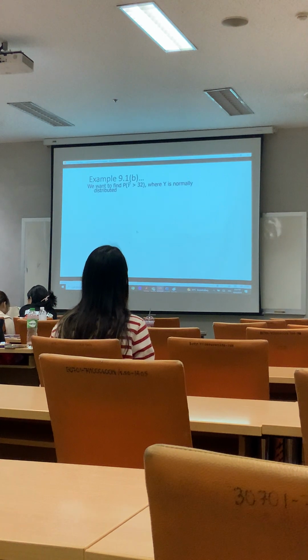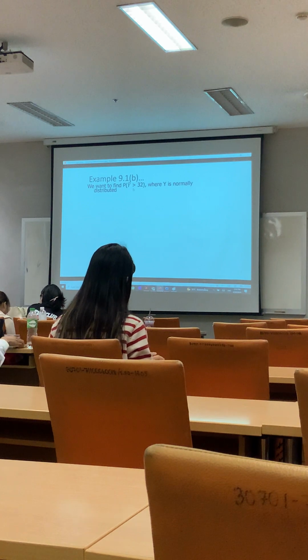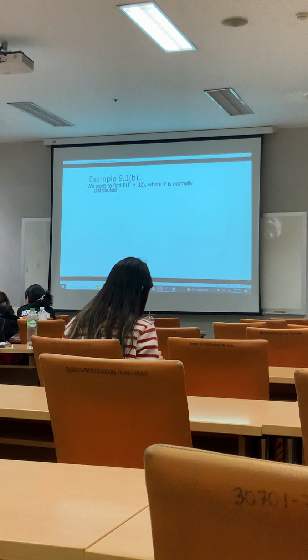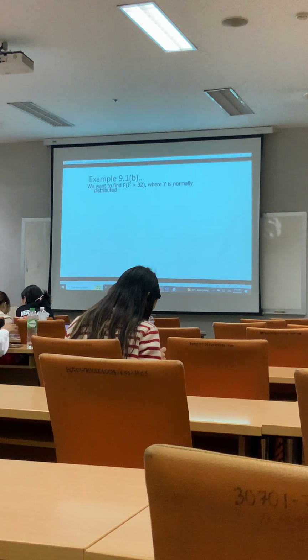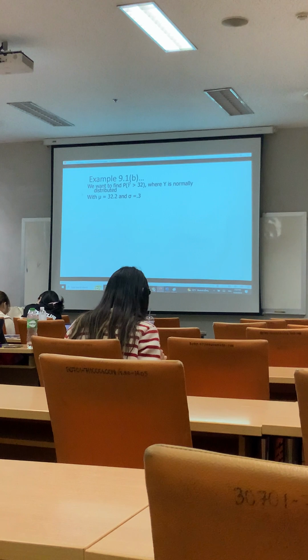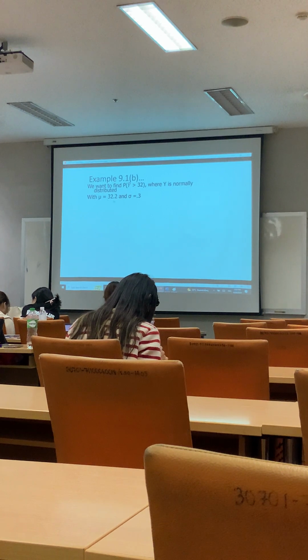So we want to know P of Y bar greater than 32 when Y is normally distributed. When Y is normal, it's guaranteed that Y bar is going to be normally distributed. If not, if the sample size is big enough, it's going to be normally distributed too, right? So mu, the population mean, is 32.2, and the population standard deviation is 0.3.